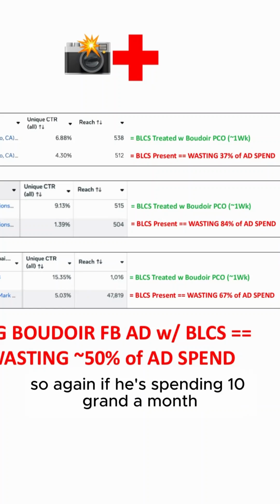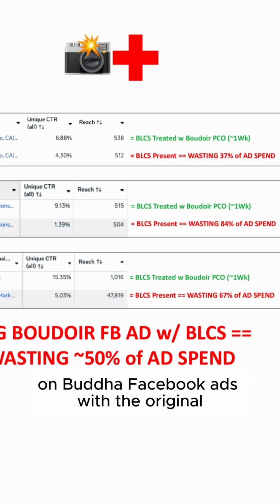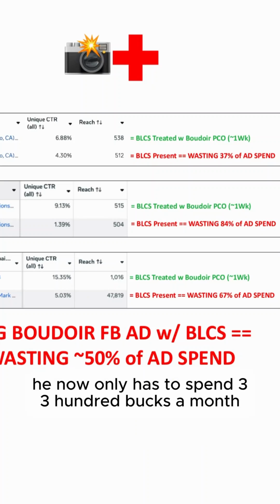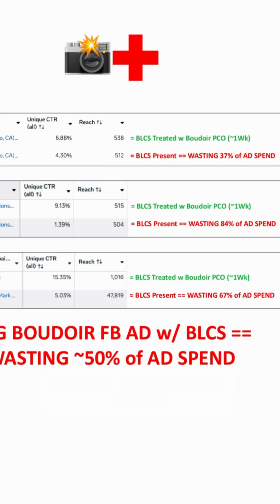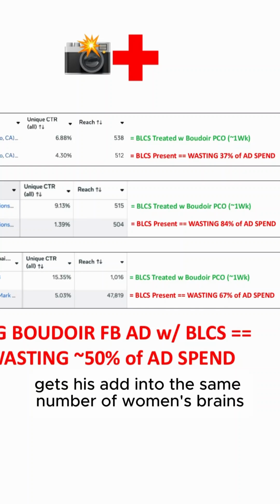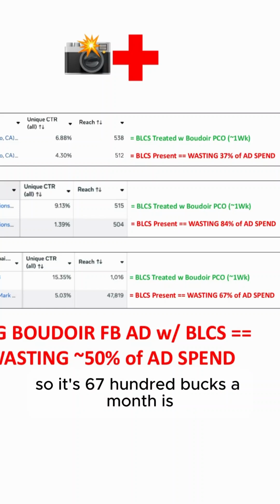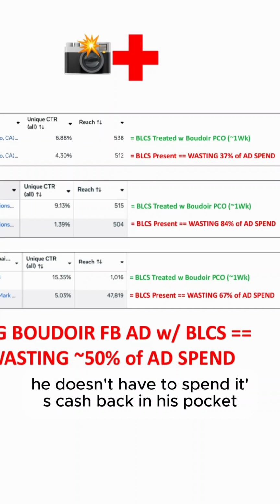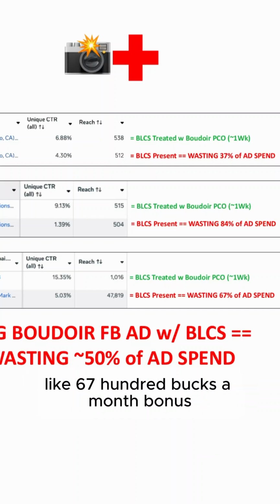So if he's spending 10 grand a month on Boudoir Facebook ads with the original, he now only has to spend 3,300 bucks a month with the Boudoir Pico treated ad, and he gets his ad into the same number of women's brains. So it's 6,700 bucks a month he doesn't have to spend. It's cash back in his pocket, like a 6,700 bucks a month bonus.